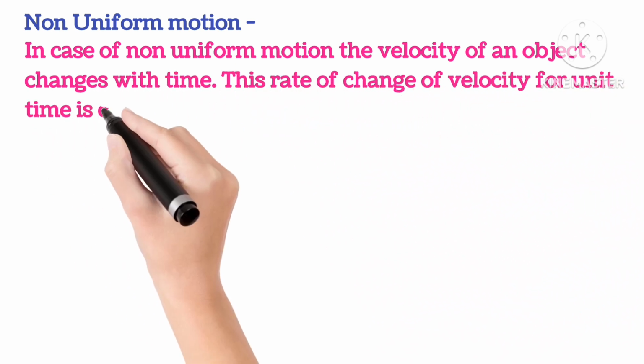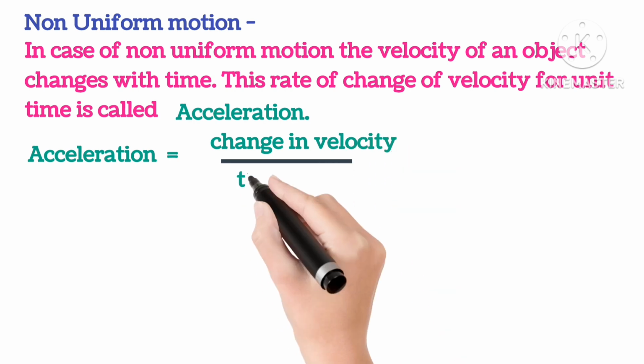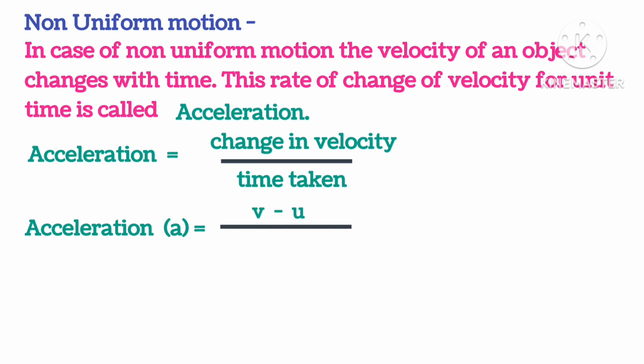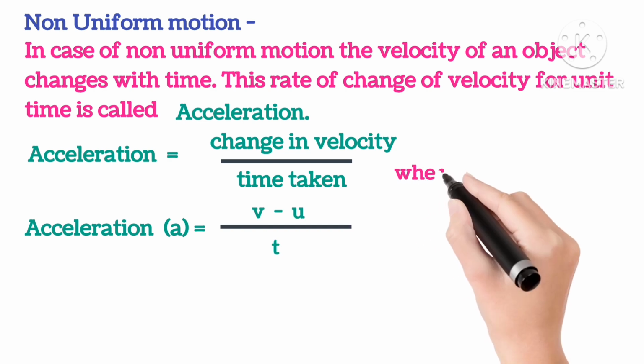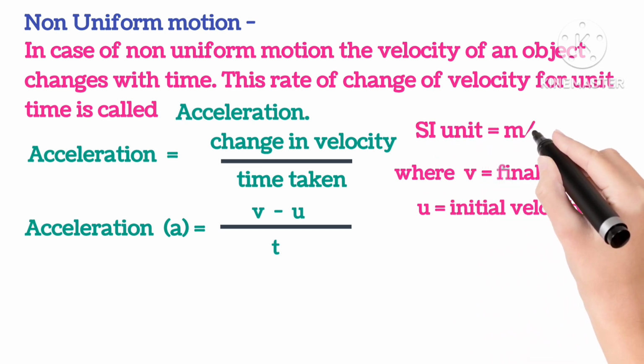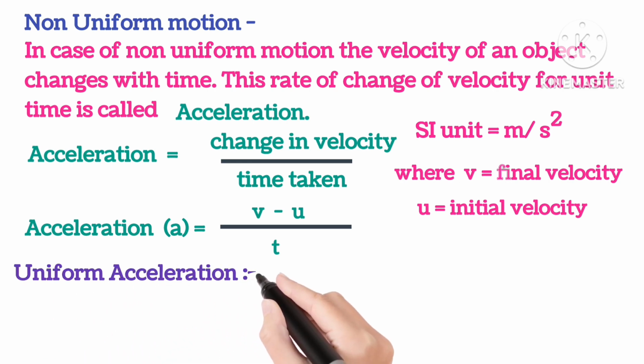This rate of change of velocity per unit time is called acceleration. So acceleration can be written as change in velocity upon time, which is equal to v minus u upon t, where v is the final and u is the initial velocity, and t is the time. SI unit of acceleration is meter per second square.